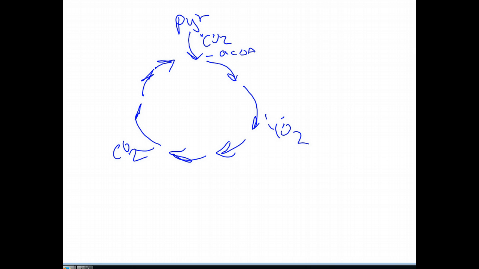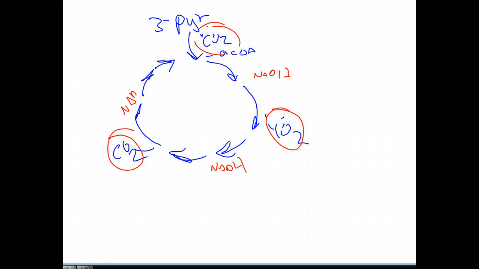Then it goes through a series of reactions where this 3-carbon pyruvate ends up being completely burned. Here's a CO2 there, here's a CO2 here, here's a CO2 here. And in these reactions we have NADH made. We also have an ATP made by substrate level phosphorylation.